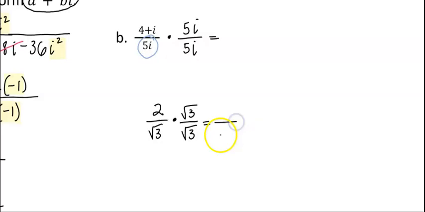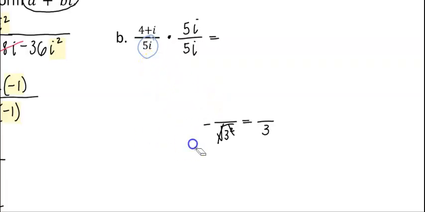That way, it gets rid of the square root on the bottom, because that cancels out, leaving you with just 3. But in this case, let's go back. We're just going to multiply by the same radical. And to make this a little simpler, you could even just look at the i. You don't even have to use the 5 here. If there's just one term, multiply by i over i.